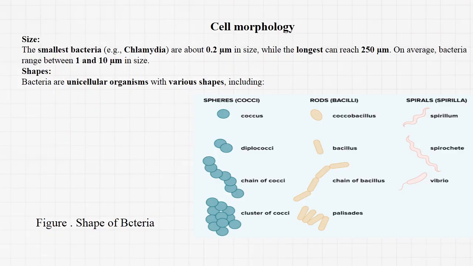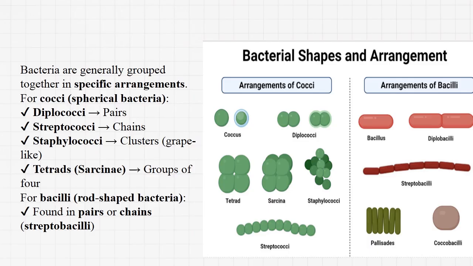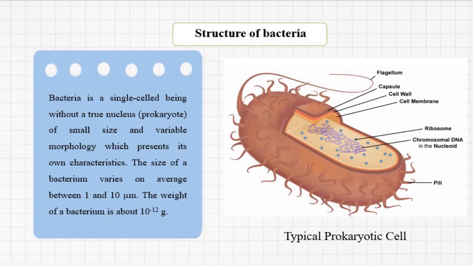Then you will learn about bacteria shapes and arrangements such as cocci, bacilli, chains, and clusters. We'll explore the internal and external structures of the bacterial cell, such as cell wall, membrane, ribosomes, nucleoid, pili, flagella, and more.